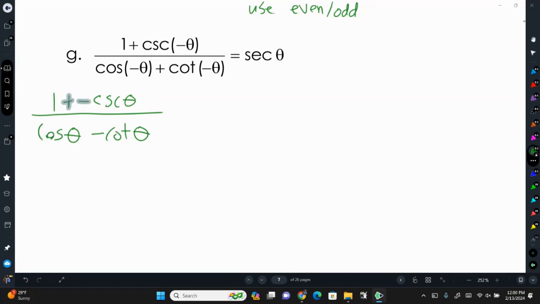So I'm going to switch this just to minus. Okay, so now we have 1 minus cosecant over cosine minus cotangent theta equals secant theta.